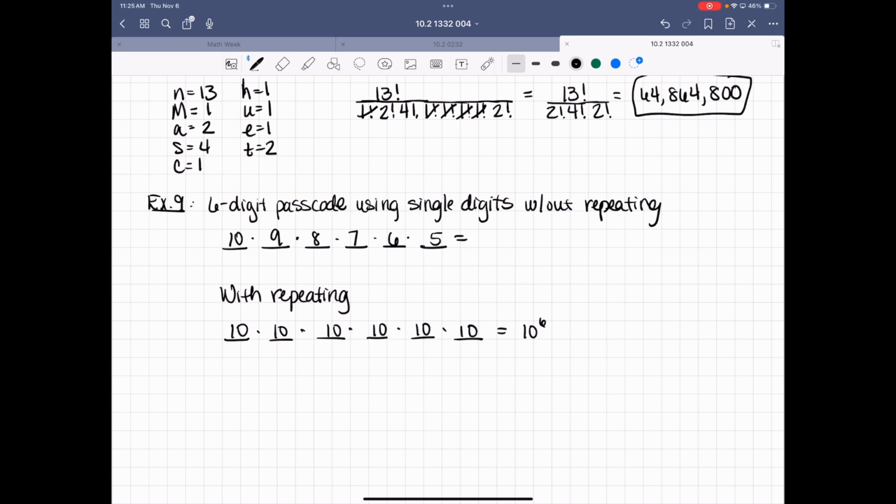Okay? Because 10 times 10 times 10 times 10 times 10 times 10, 6 times is 10 to the 6th. Okay? All right. Just a slight clarification there. I had people that had issues with how many single digit numbers there are. There's 10 single digit numbers. Okay?